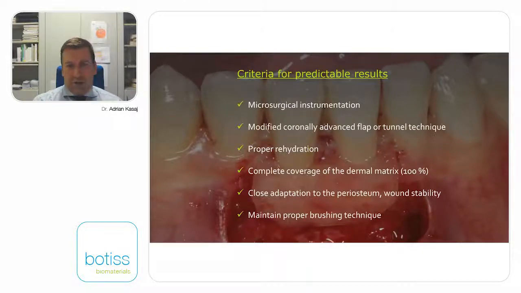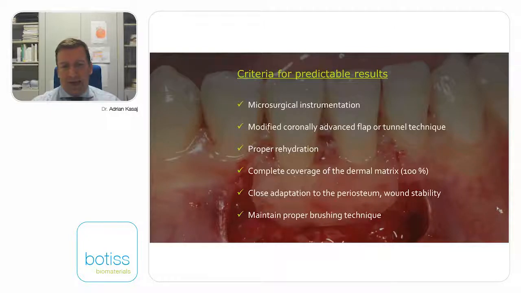You already saw that you can apply different techniques, but most often it's a decision between a modified coronally advanced flap or the tunnel technique, whereas the tunnel technique is more technique sensitive than the modified coronally advanced flap. You should take care of proper rehydration of the matrix. The dermal matrix has to be covered 100%, and you have to take care that you don't have any exposure in the early healing period.